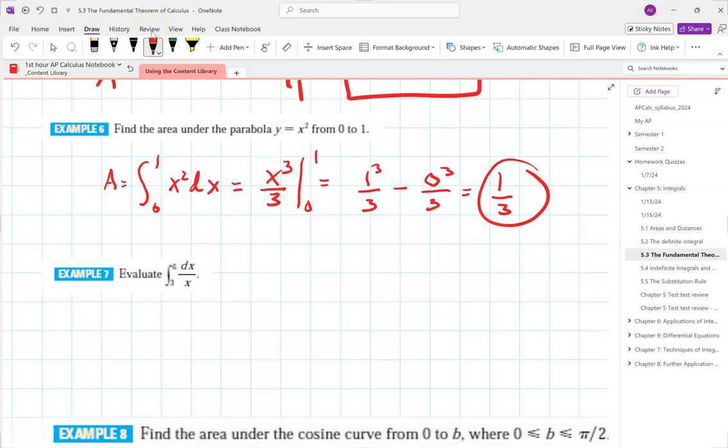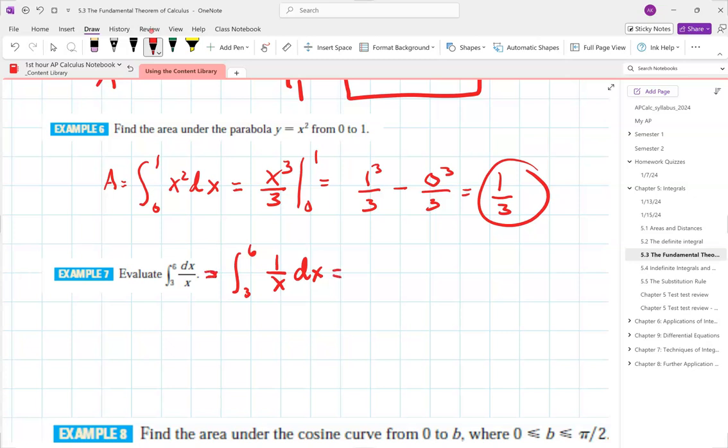Here it says evaluate the integral from 3 to 6 of dx over x. When I look at this, it's a little bit easier to see what I'm integrating if I separate the dx off to the end like that. Again, we'll use the fundamental theorem of calculus part 2 here.